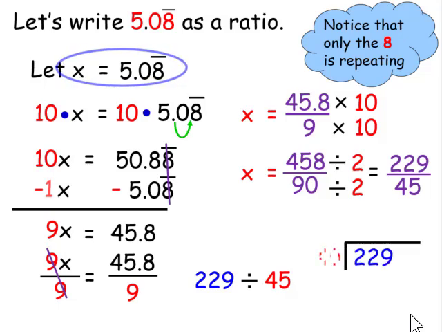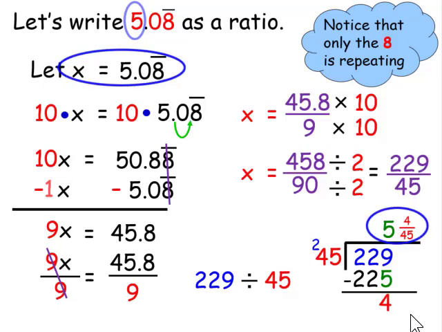How many times does 45 go into it? We know it's 5 because we started off with a 5. 5 times 5 is 25. 5 times 4 is 20 plus 2 is 22. When we subtract this, we're left with 4, and we write that over the divisor, 4/45. 5.08 bar is equal to 5 and 4/45.